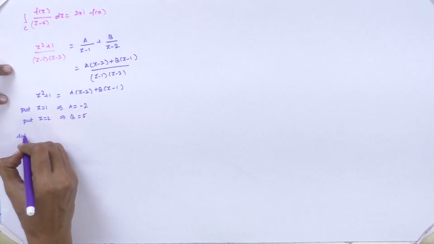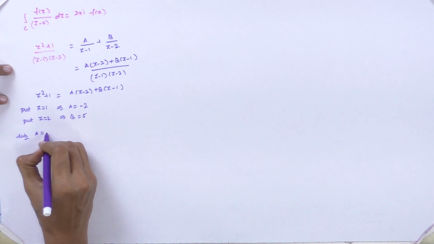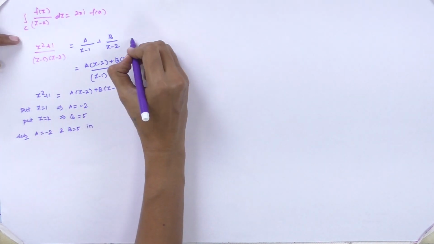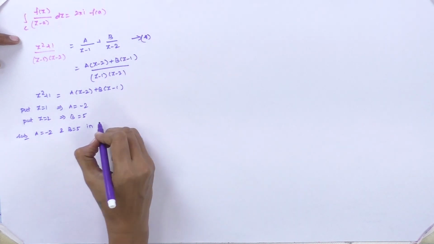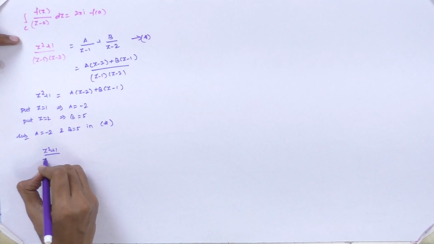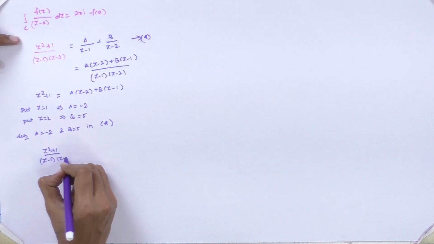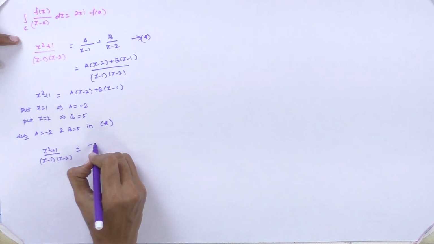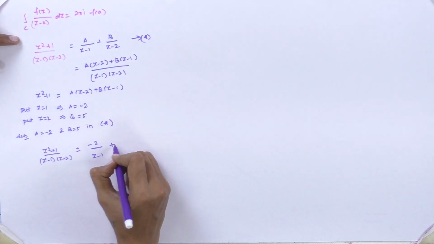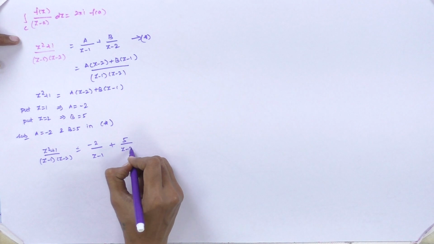Now substitute a equal to minus 2 and b equal to 5: z square plus 1 divided by (z minus 1) into (z minus 2) is equal to minus 2 divided by (z minus 1) plus 5 divided by (z minus 2).